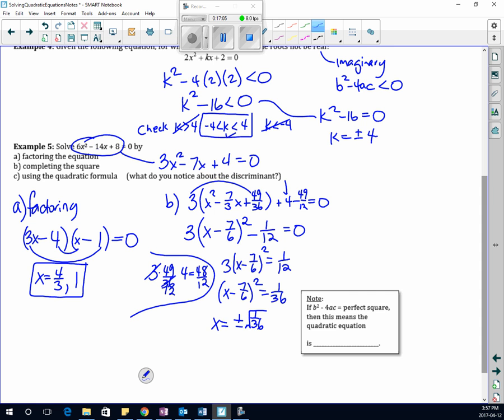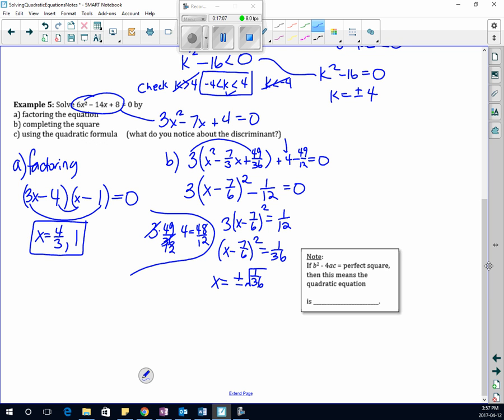Somewhere we should have learned that we can square root the top and the bottom separately. So x minus 7 over 6 equals plus or minus 1 over 6, because the square root of 1 is 1 and the square root of 36 is 6. I'm going to move the 7 over 6 over, so x equals 7 over 6 plus or minus 1 over 6.